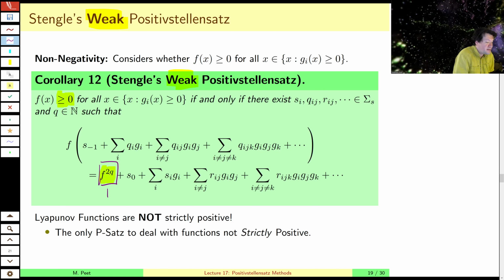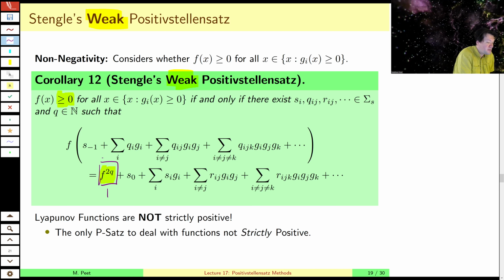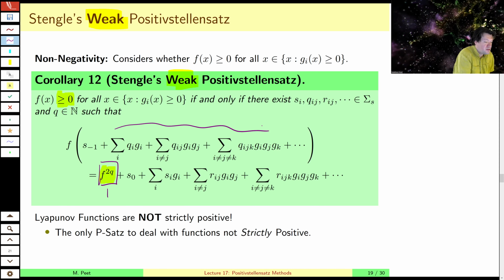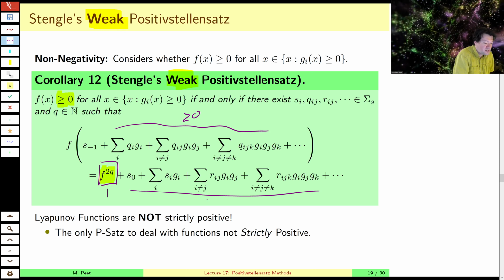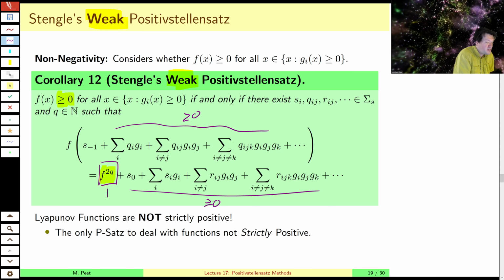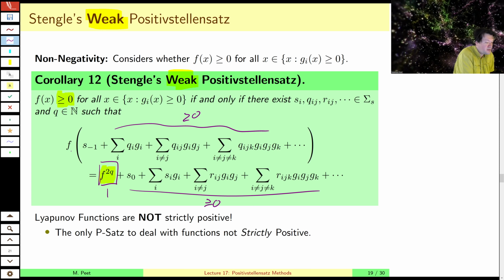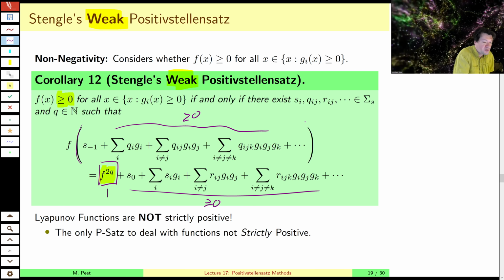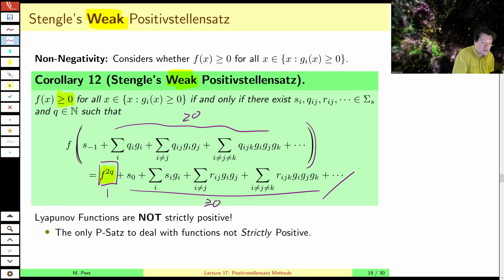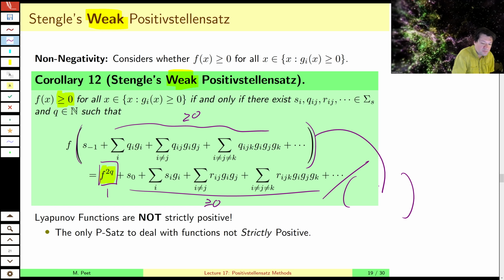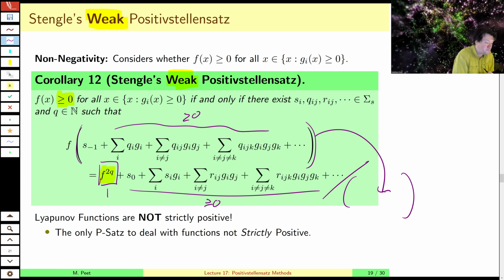So obviously, if f is positive semi-definite, all of these terms are positive semi-definite. And now if we divide this whole thing by this term, that's where the ratio of squares comes from. That's where you get the ratio.